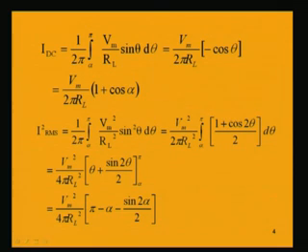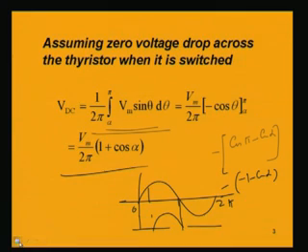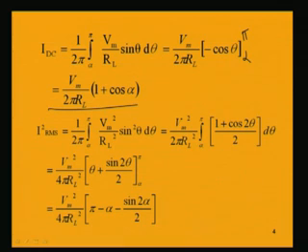Integration of sin theta is minus cos theta within the limits alpha to pi. So, putting the limits we get Vm by 2 pi RL into 1 plus cos alpha. This is just a follow up of the DC value of the voltage; dividing this DC value of the voltage by RL, we get the DC value of the current.